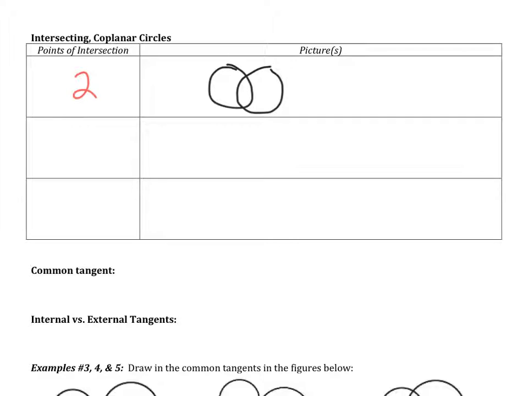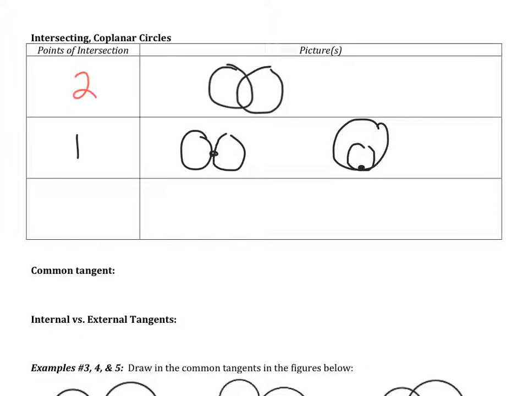So next, options are you can have them intersect once, and there's two different looks to this. You can basically have them just touching once, or you can have one circle inside of the other circle just touching once. Yeah, they're hard to draw.